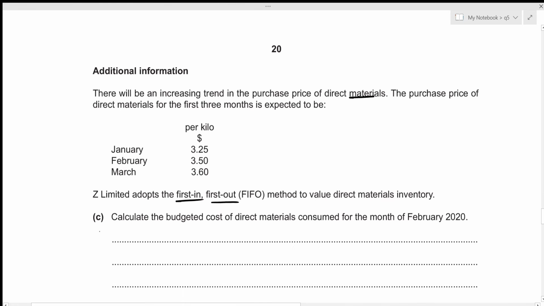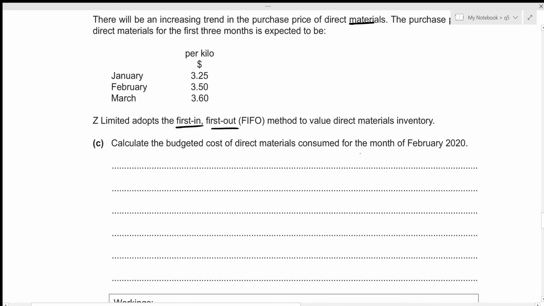Now for the third part of this question, we need to calculate the budgeted cost of direct materials consumed for the month of February 2020. Alright, so I'm just going to create a statement. And this is just going to include the opening inventory for this month, direct materials purchased in this month, and the closing inventory of this month, right?